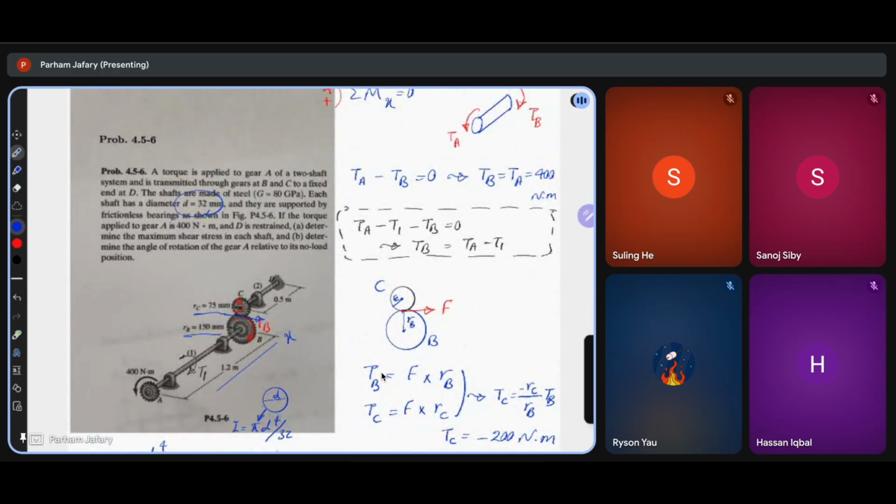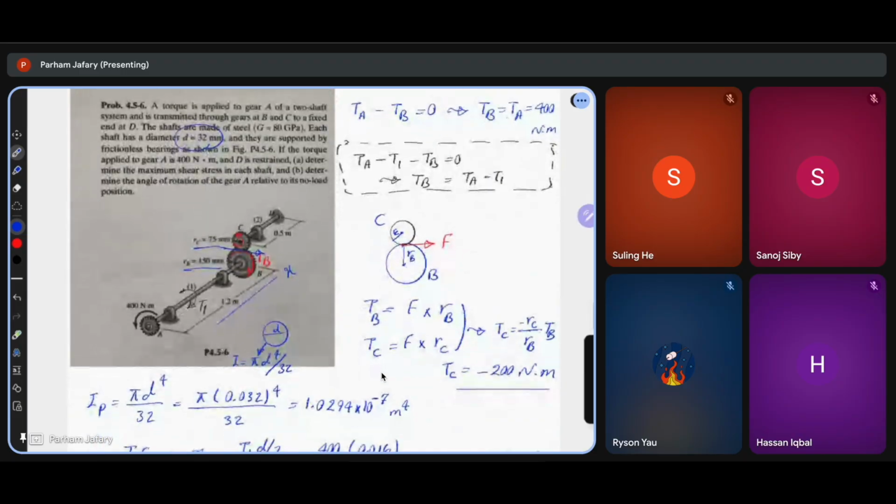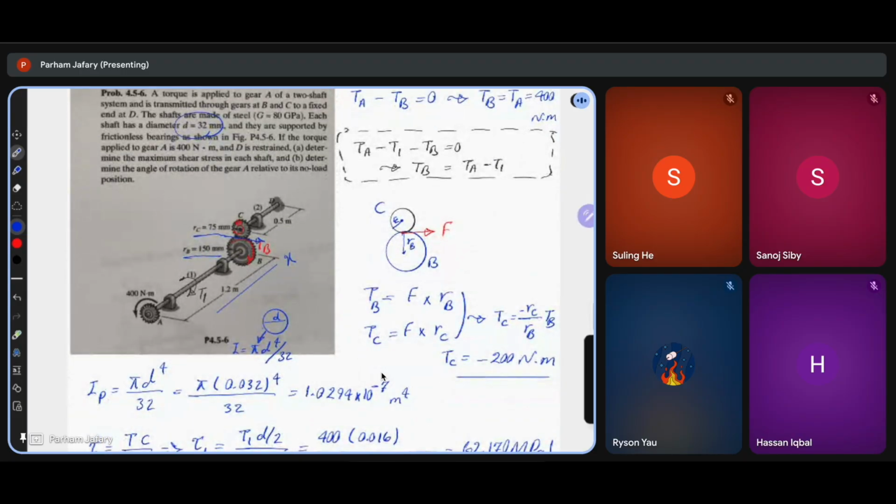So part A was asking us to determine the maximum shear stress in each shaft. So we did that. Now moving to part B, it is asking us to determine the angle of rotation of gear A relative to its no load position. Okay.